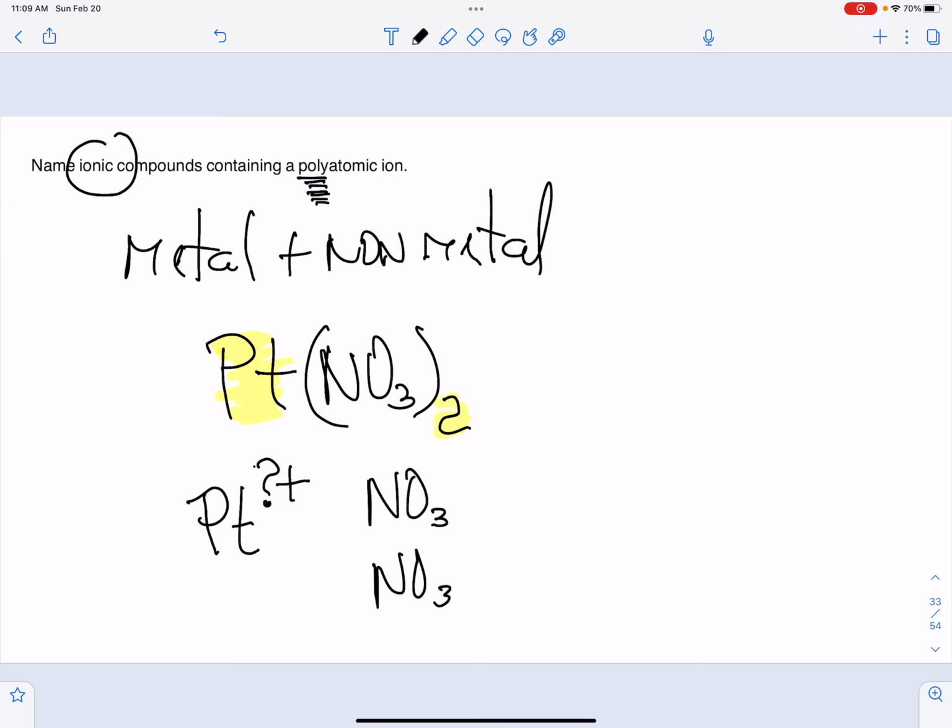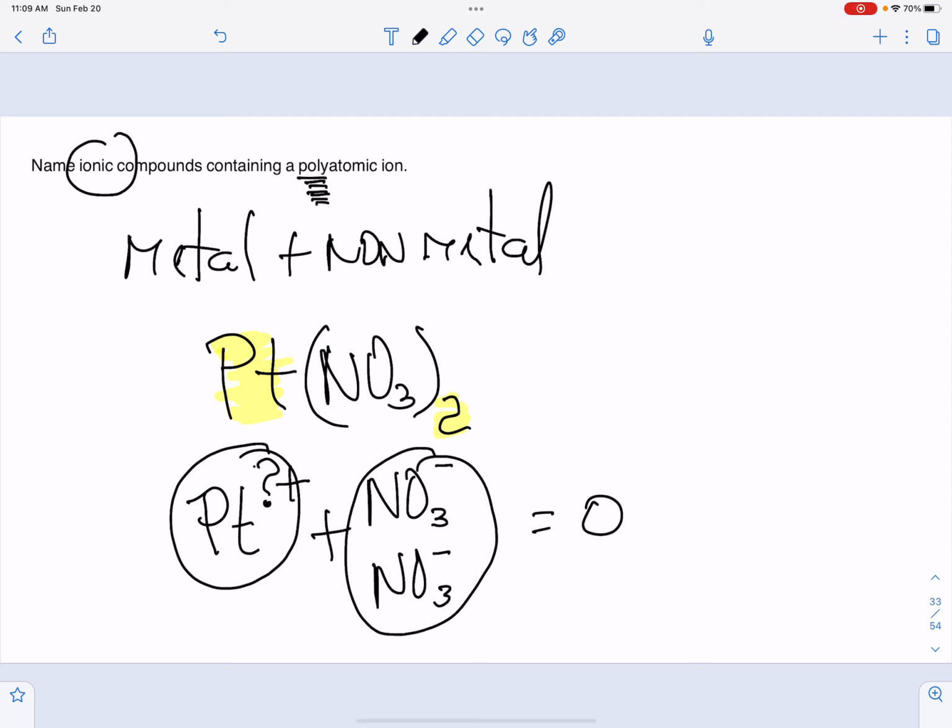So I have two of those. And according to the table, this is always -1. So this plus this has to give me 0, right? So this is question mark plus 2 negative. So the only thing Pt can be is 2 plus, so it gives you 0.